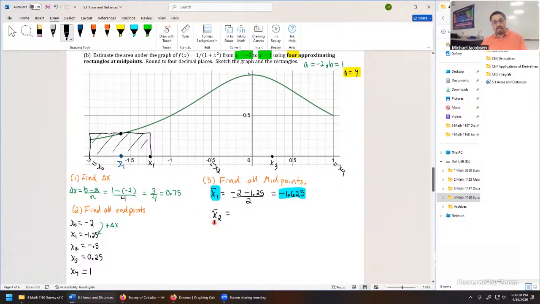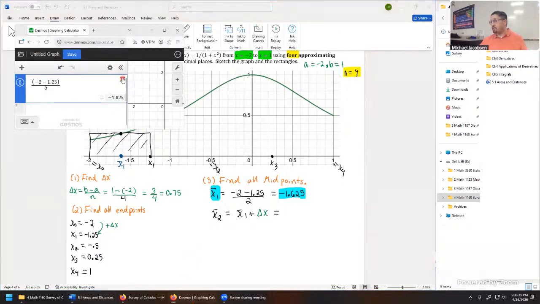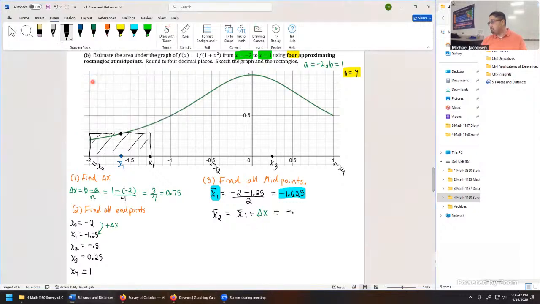So a great way to calculate x bar 2 is to just take x bar 1, add delta x to it, and that's a much nicer computation. So if we go this route, x bar 1 is negative 1.625, add delta x, 0.75, and we get to negative 0.875.